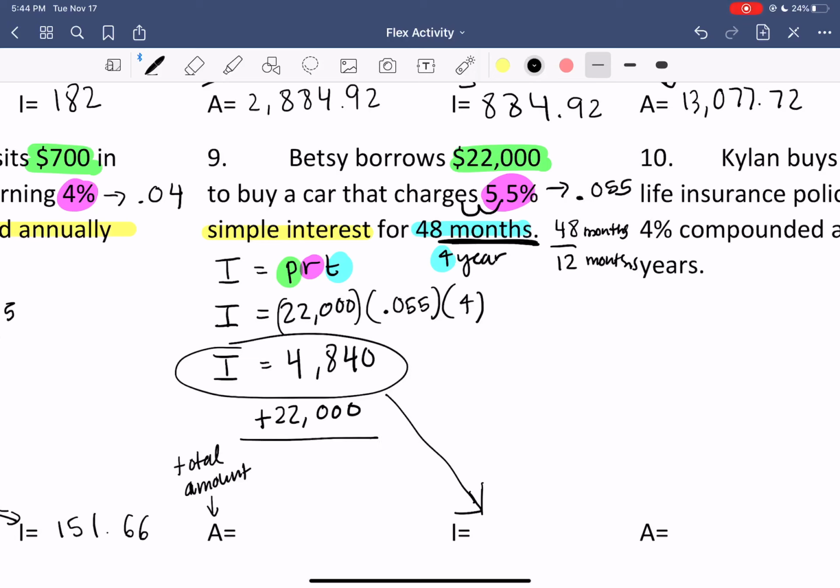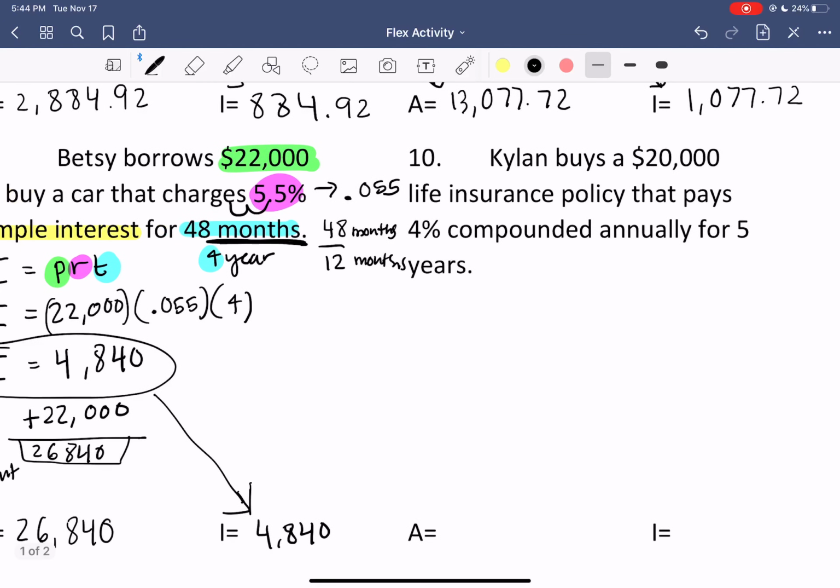Whatever we get once we add those two together, which is 26,840, is the total amount that Betsy has to pay back. The 4,840 is just the interest that the car loan is going to cost. And then at the end of 4 years, the total amount that she paid for the car is the $26,840.